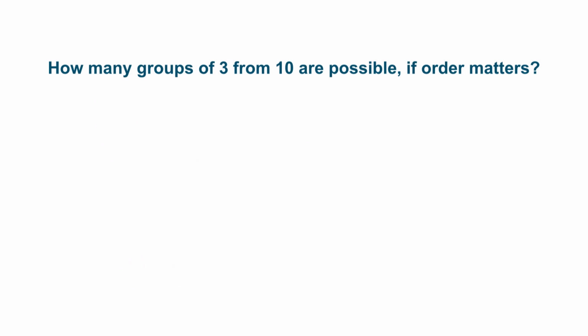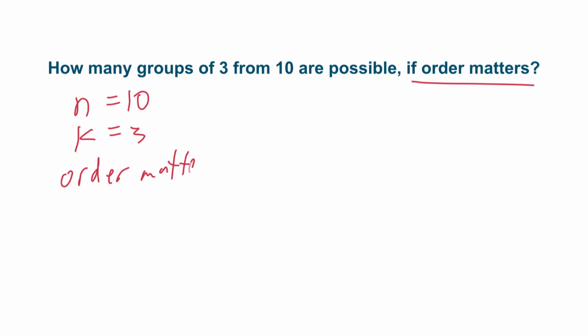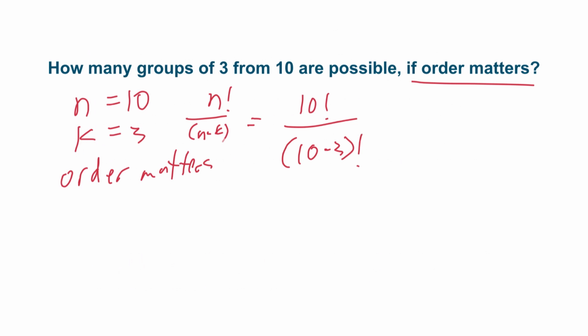So if I have n equals 10 and k equals 3, and the key point, order matters, how many possibilities are there? Well, I do 10 factorial divided by 10 minus 3 factorial. This is just the formula n factorial over n minus k factorial. So 10 factorial divided by 7 factorial.